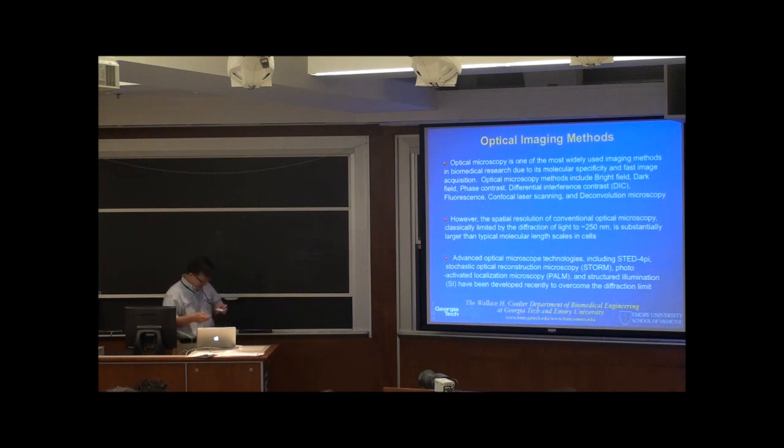Okay, we'll see. As I mentioned, if you want to visualize cells, of course, optical imaging is most useful, because of all the imaging modalities, optical imaging gives you the best spatial resolution. Since you have built microscopes, what is the spatial resolution you can reach with a typical microscope?